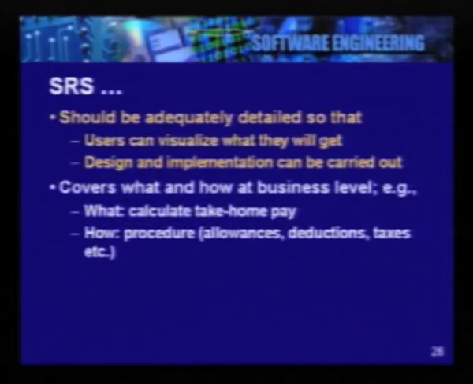So, to that extent, when we say what and how, this what and how is actually more at the business level, and we need to specify detailed inputs, outputs and processing for each task, so that hereafter, once the SRS is completed, there is no need for the developer to come back to the user again. So, when somebody is writing the, let us say, take home pay program subsequently, you are not going to run back to the user and ask him, how do I calculate the tax?